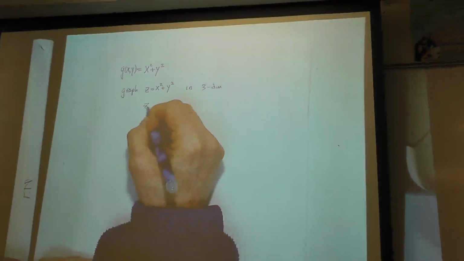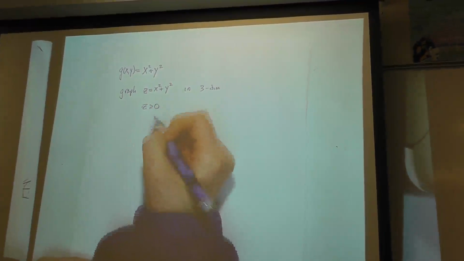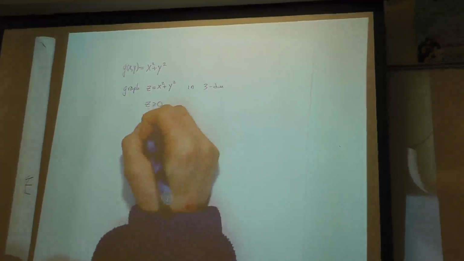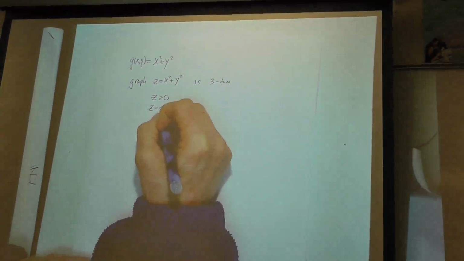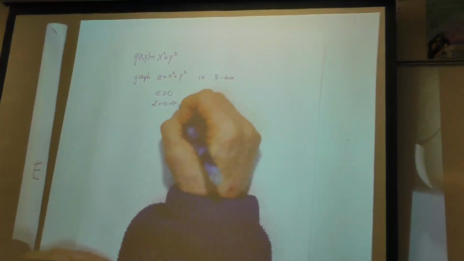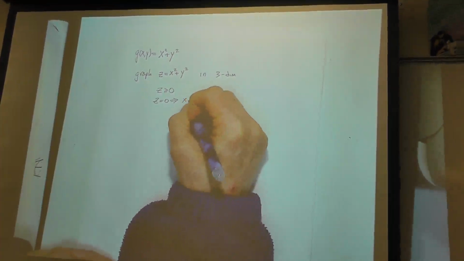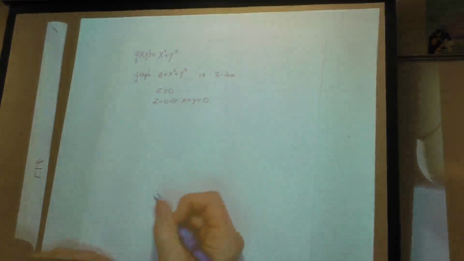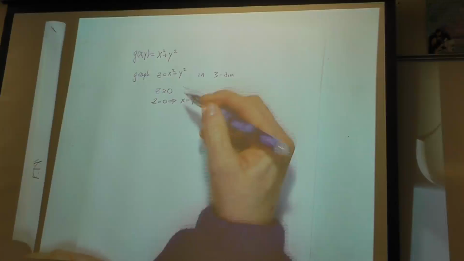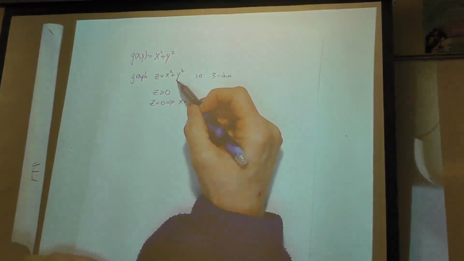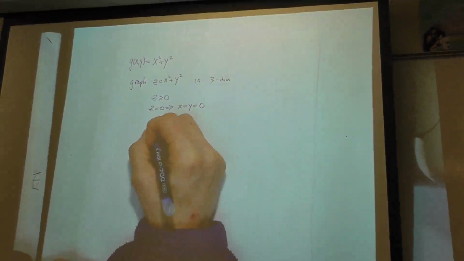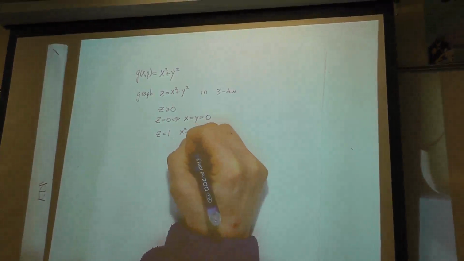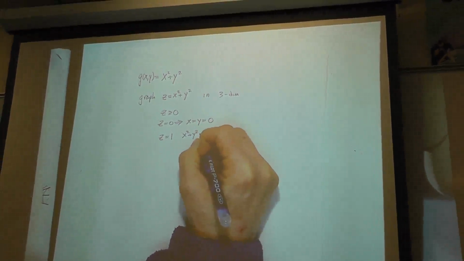Notice that z is always greater than or equal to 0. And notice that if z is equal to 0, this is going to force x and y to equal 0. And then the way in which I suggested you look is you take values like z equals 1, you generate out a circle.